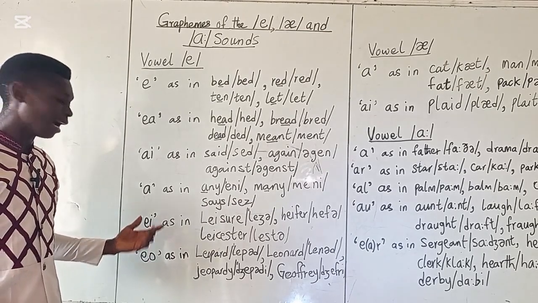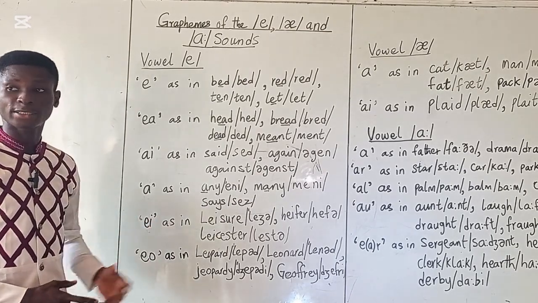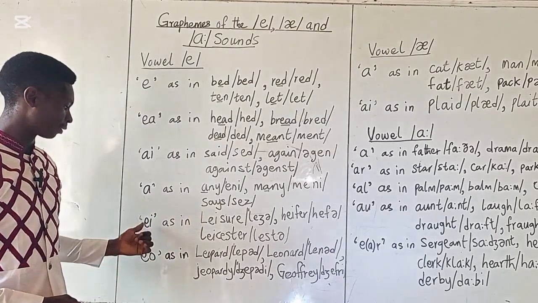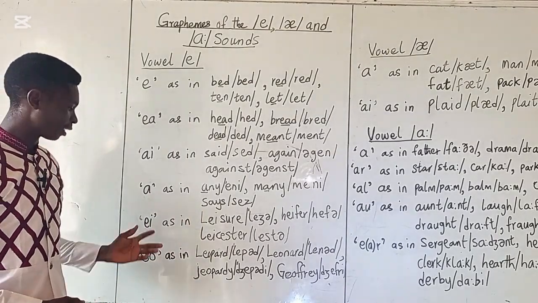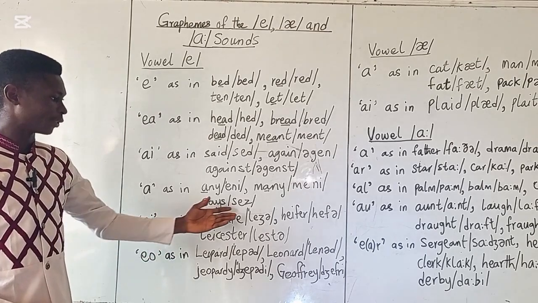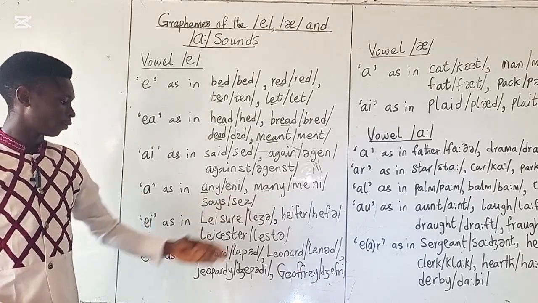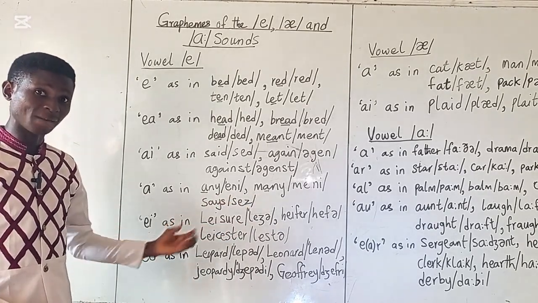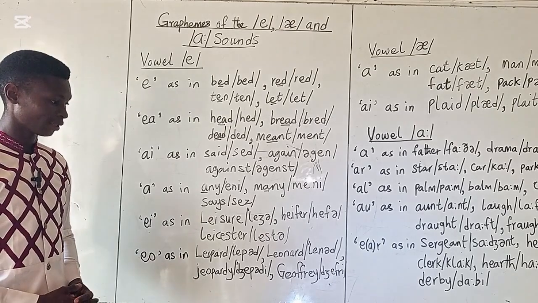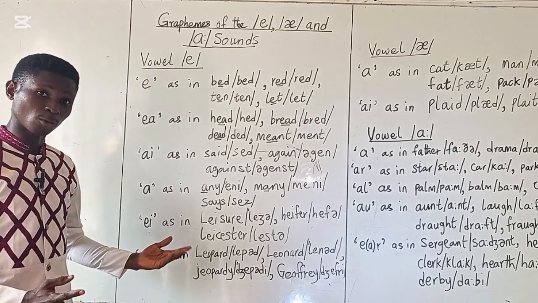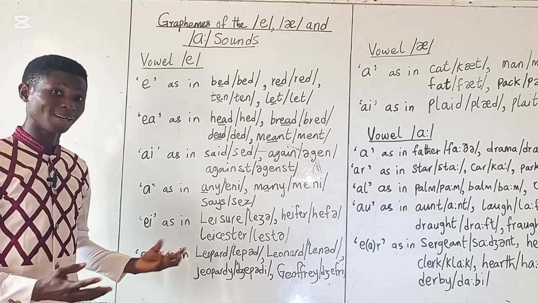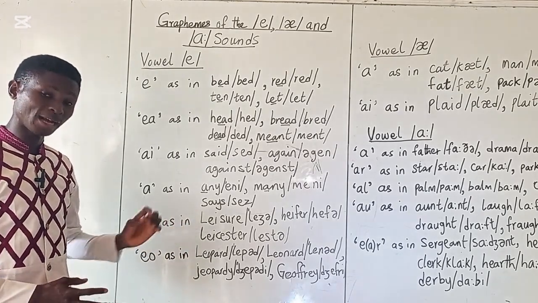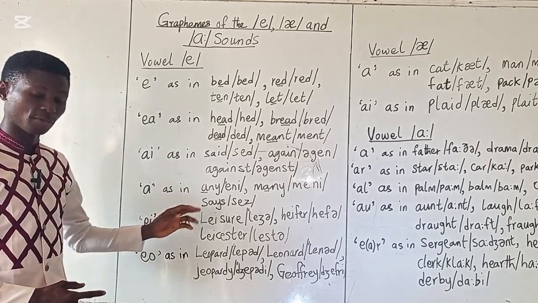Again, we have EI. Note the words coming under this particular grapheme. EI as in leisure, heifer, Leicester. Look at the words and their pronunciation. It might be different from what you've been pronouncing. So this is the actual pronunciations of these words.